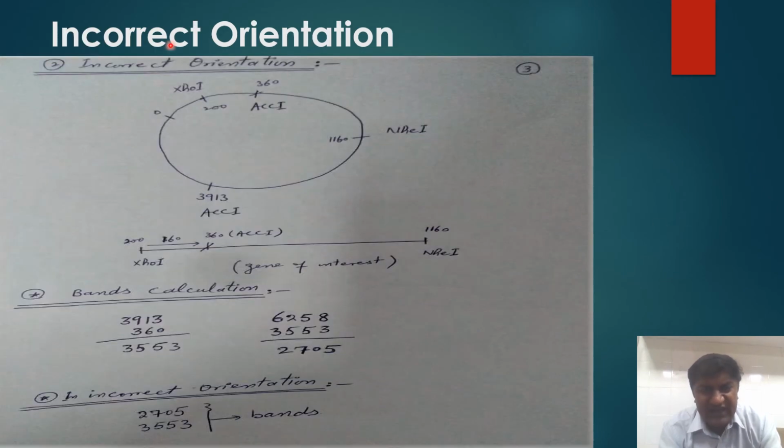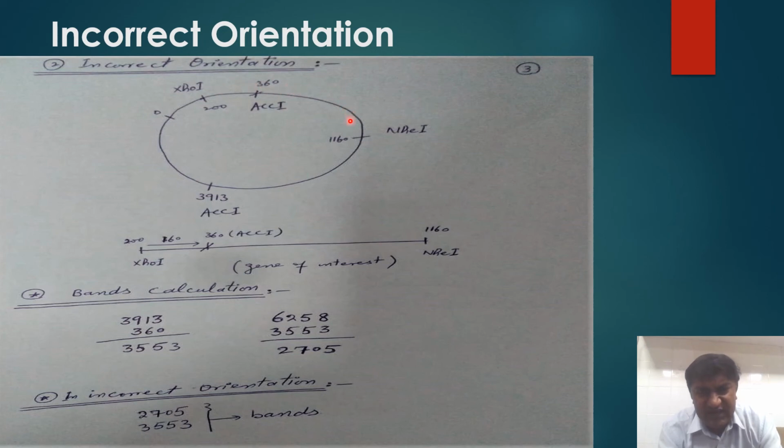Now in case of the incorrect orientation, it is very important you should focus on the gene of interest. The gene of interest is XhoI to NheI. This is the gene of interest, that is SAG1.